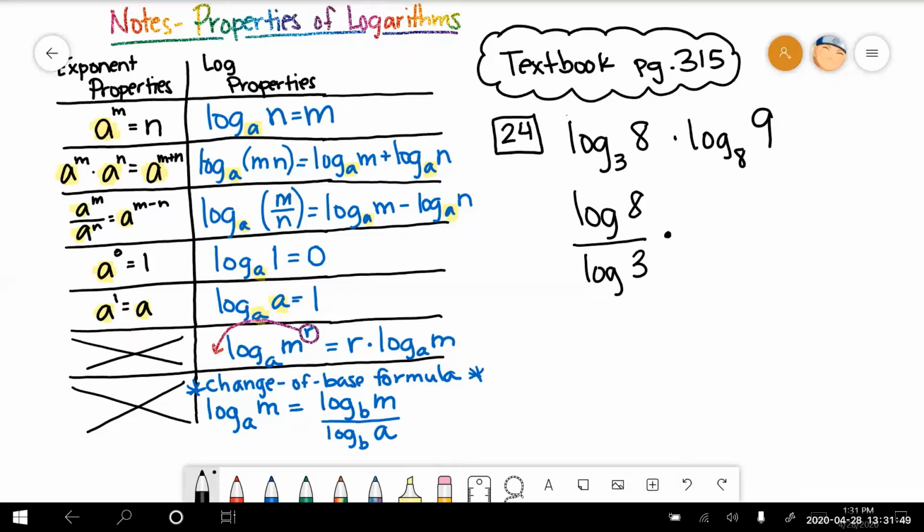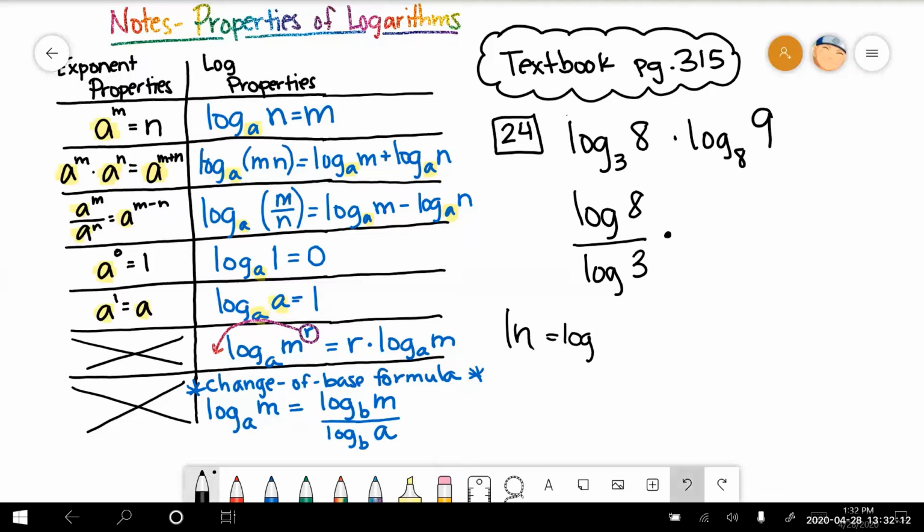And I want to make sure that everybody watching is accustomed to the fact that if I don't write a base, it means it's automatically base 10 if it says log. And just as a quick reminder over here, remember that if it says ln, that means the base is e. Okay, that means log base e.